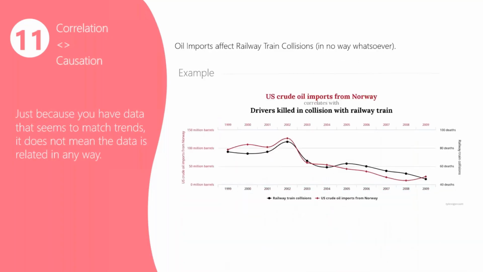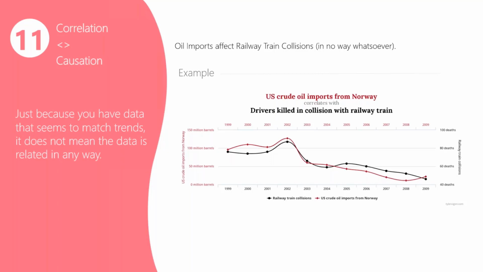And then the final best practice, correlation does not equal causation. There are so many dumb graphics that you see on the news, and this is an extreme one. In fact, there's a website called tylervegan.com. This guy has dozens of visualizations like this, but I was watching the news two nights ago and I just shook my head because they were relating something to something else and they had nothing to do with each other.